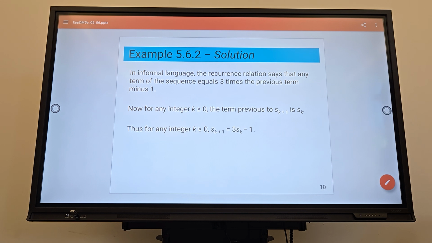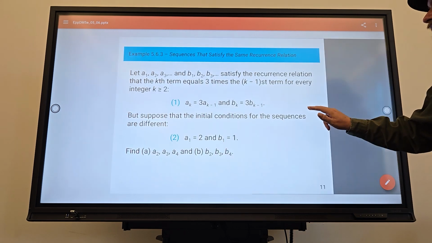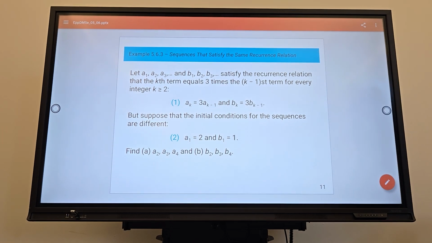Thus, for any integer k greater than or equal to 0, s sub k plus 1 equals 3 s sub k minus 1. So you can define a recurrence relation in multiple ways.